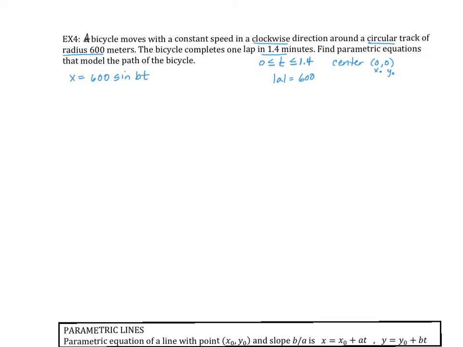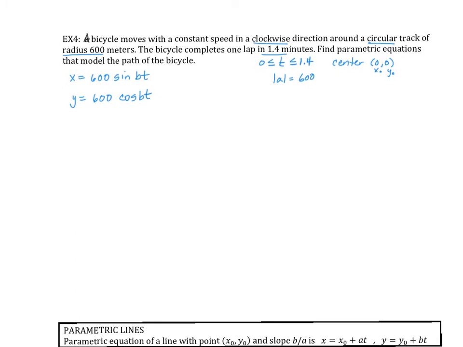I still have to figure out what that b is. Because remember, my t values are not going from 0 to 2 pi as usual. It's going from 0 to 1.4, which means I'm going to have to adjust that t value. So instead of having b equal to 1, b is going to be equal to something. My y value is going to be 600 cosine of bt.